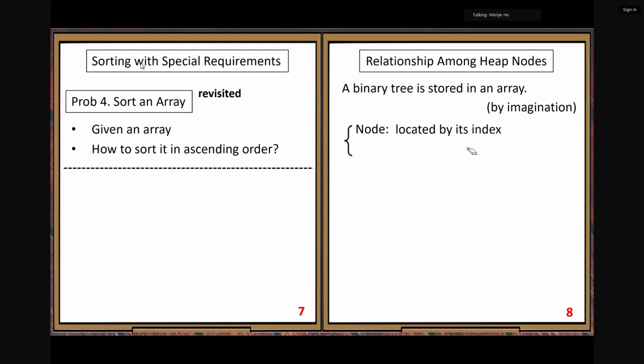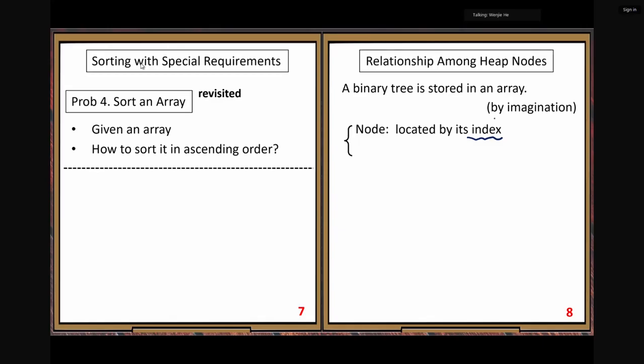So here we do observation. How do we identify a node by its index? Each node, we use the index number. We can uniquely identify the nodes. So here you can see the index number is important.